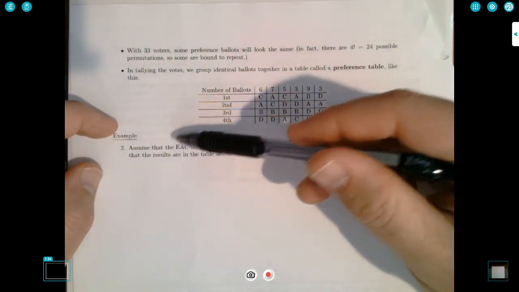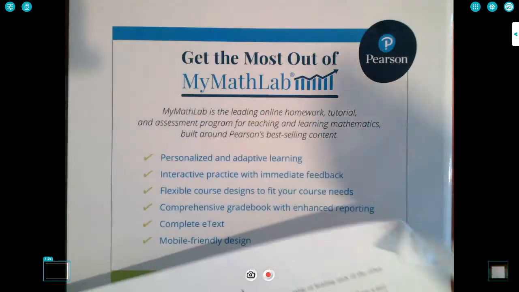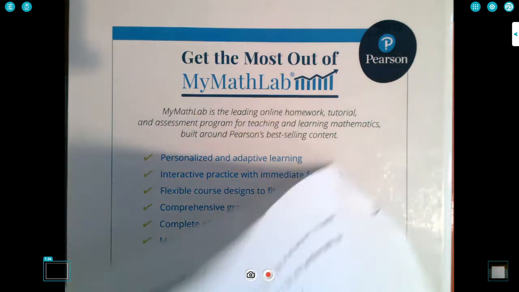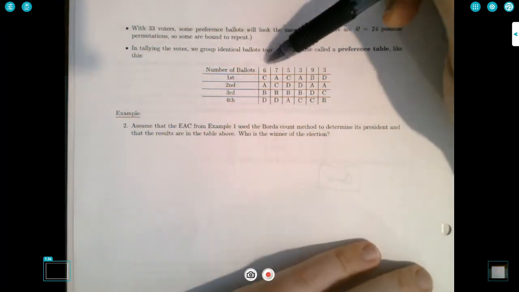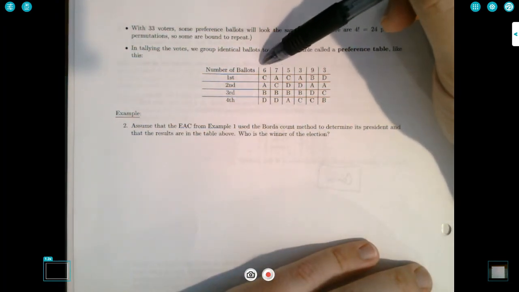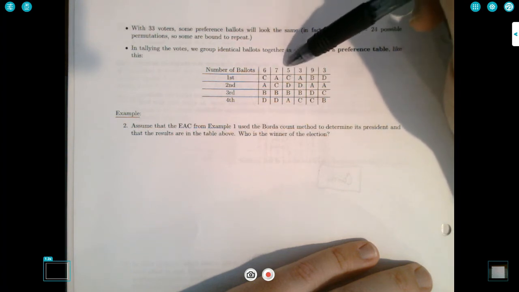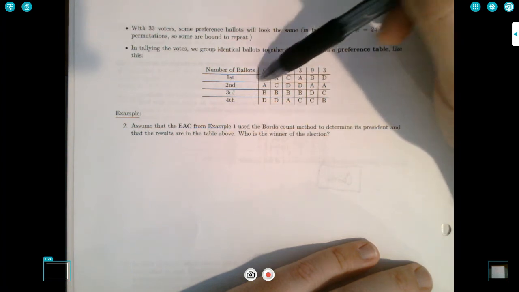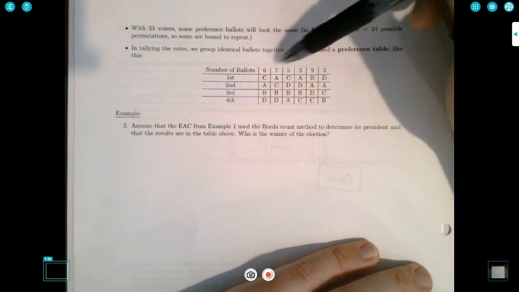So assume that the Environmental Action Committee from example 1 used the Borda count method to determine its president. You'll notice that this lines up with the results of the election, since Kareem had 6 votes for first place plus 5 votes for first place, so he had 11 votes for first place. Anne had 10, Ben had 9, and Doreen had 3.